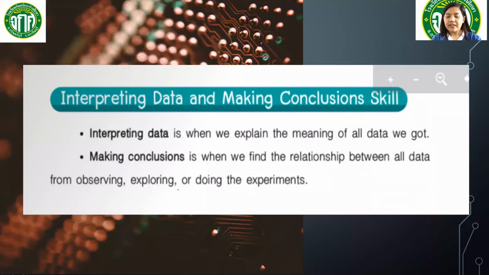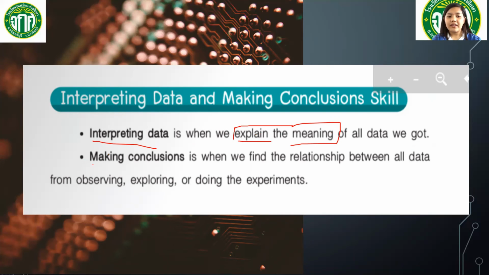Next, we have here the interpreting data and making conclusions skill. So what is this? The first one, interpreting data, is when we explain the meaning of all the data we got. Again, we are going to explain the meaning of all the data that we have gathered.